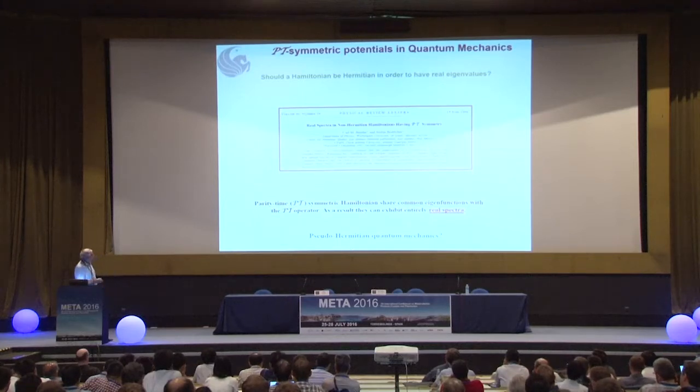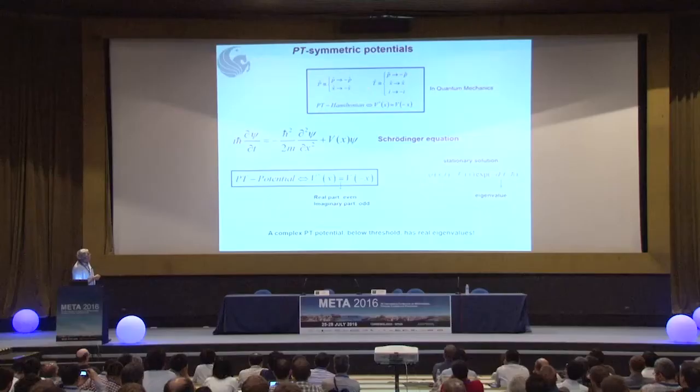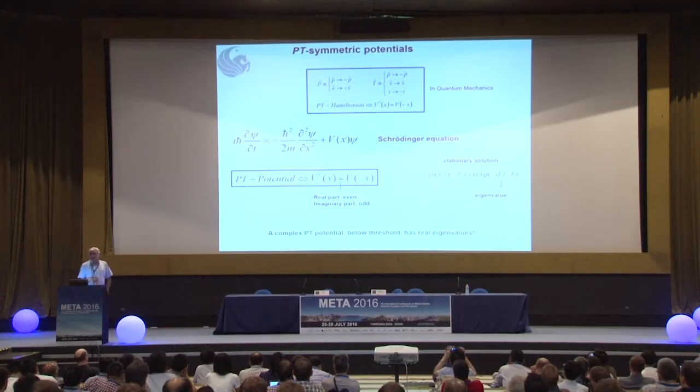So what do we mean by this? As I said before, the Hamiltonian must commute with the antilinear parity time operator. What the parity operator does, of course, is flip the position, and in doing so it flips the momentum, whereas the time operator causes a conjugate reversal.